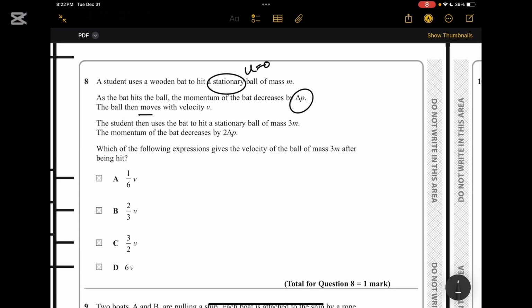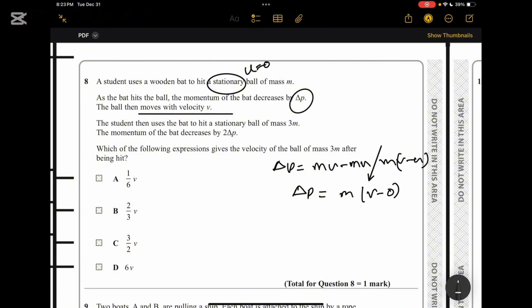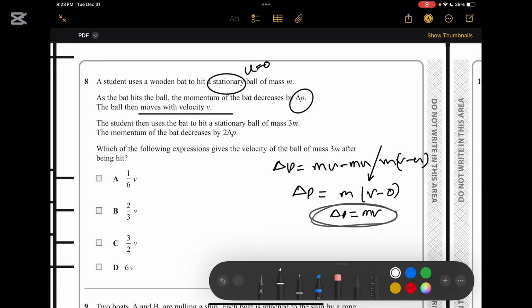The ball then moves with the velocity v. Okay, let's write it down. We know del p is equal to mv minus mu, or it can be written as m(v minus u) as well. Alright, so we know del p is equal to m(v minus 0), which means del p is equal to mv. This is our first equation.